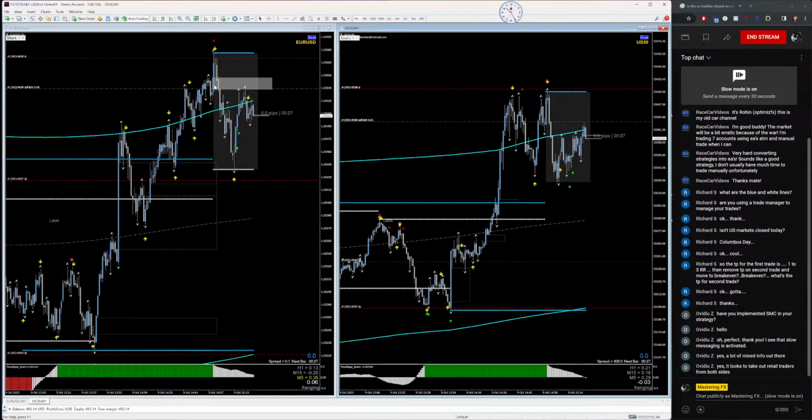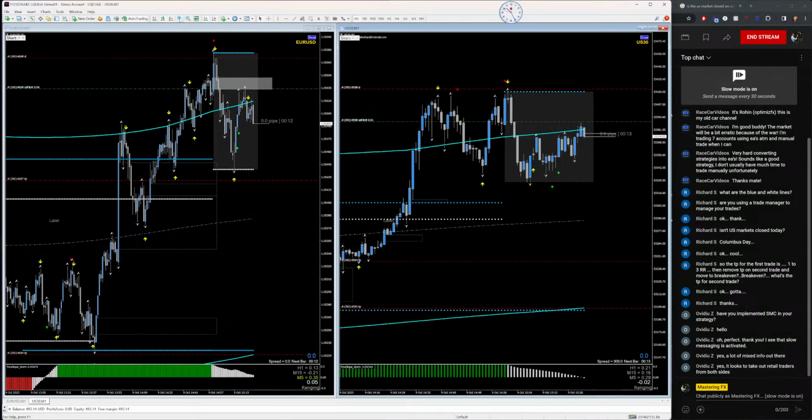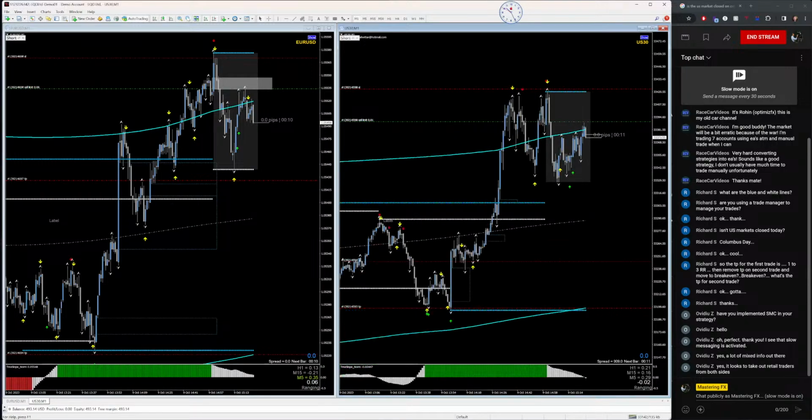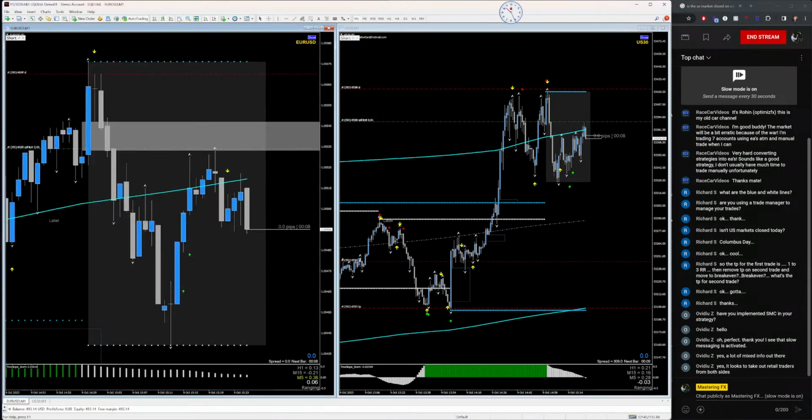Yeah, I totally overlooked the inverse fair value gap here, or reversed fair value gap, whatever you call it. I did not see that. It happens. But you can see how, well, I'm just fascinated. You can say about ICT what you want.